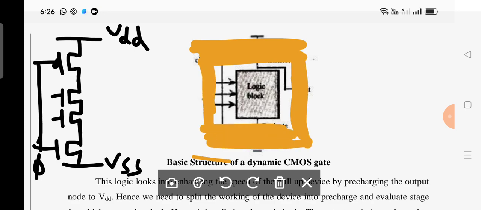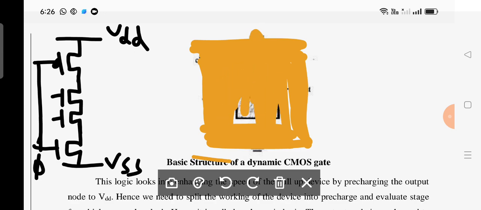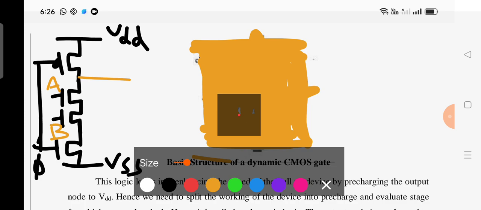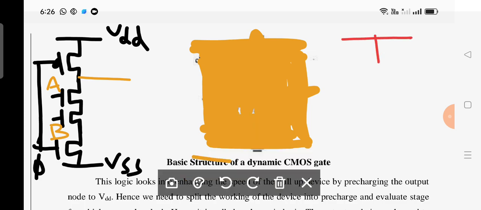Let us carefully observe what I am doing here. Now let us consider this one is A, this one is B, and I have taken output here, and I am going to use one more dynamic CMOS here, the same 2 input NAND gate.